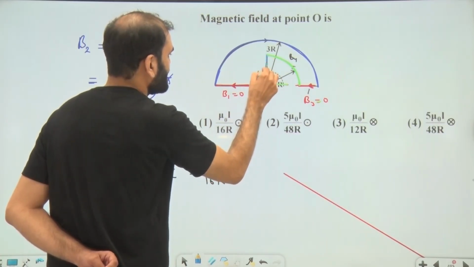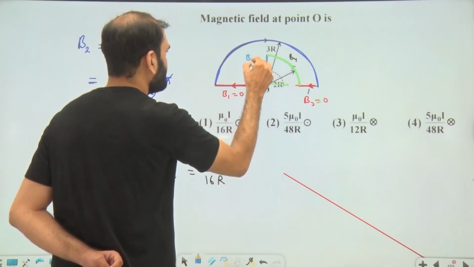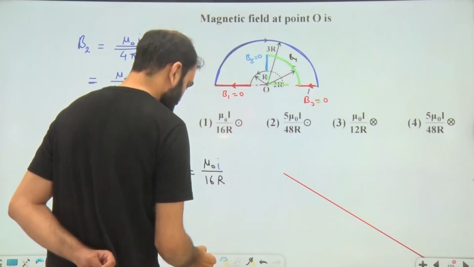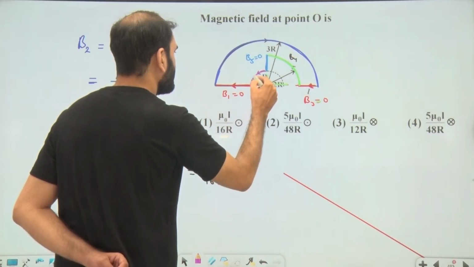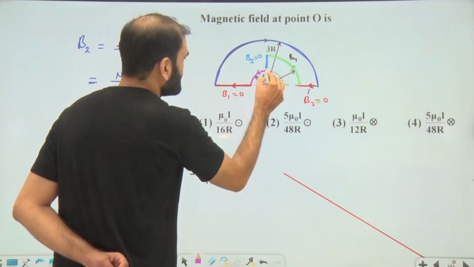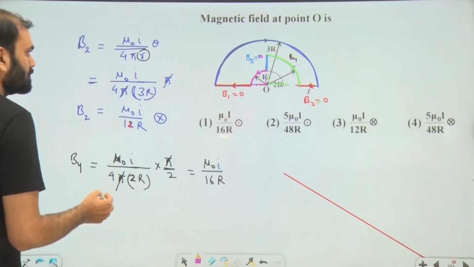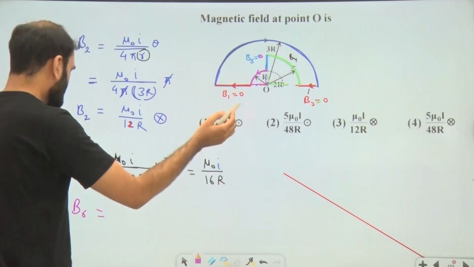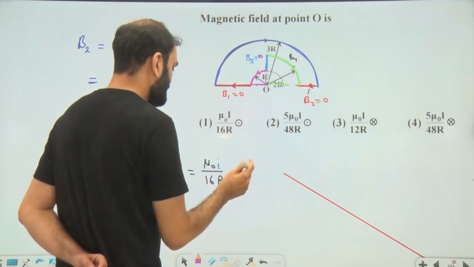Now the next element is also passing through that point, so its magnetic field will be 0, so B5 will be equal to 0. The last element is like that, making an angle of 90 degrees again from here, so the magnetic field due to it is B6. The current flows like that, so the direction will be out.